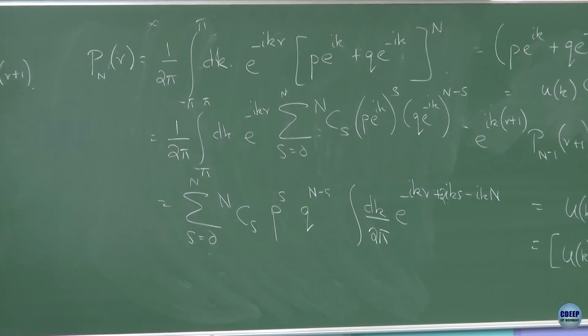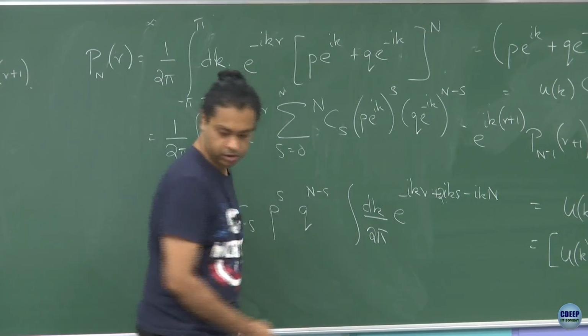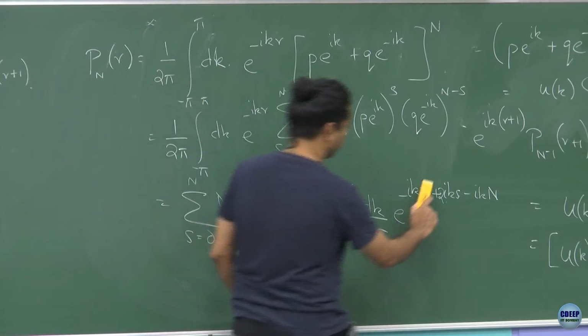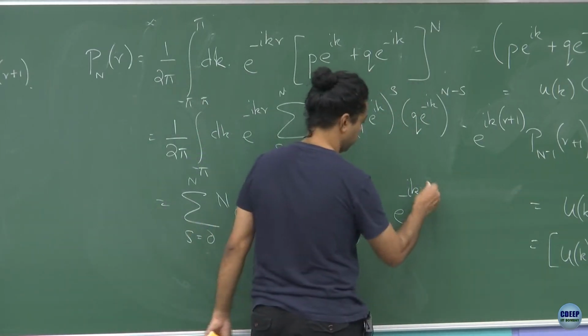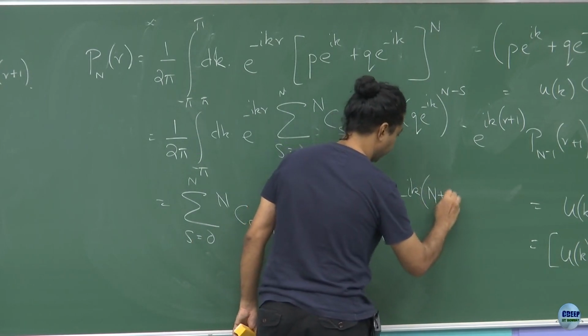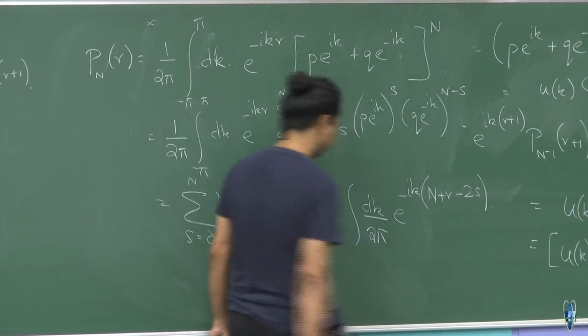Okay. So if I just simplify this, this is e to the power of minus ik (n plus r minus 2s).